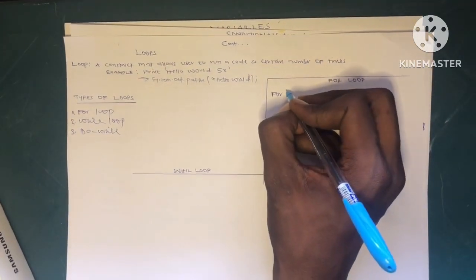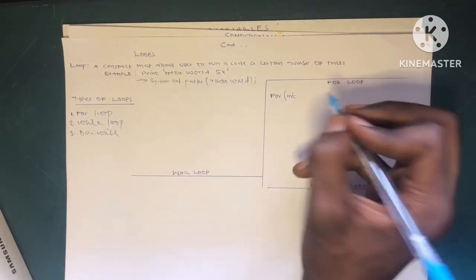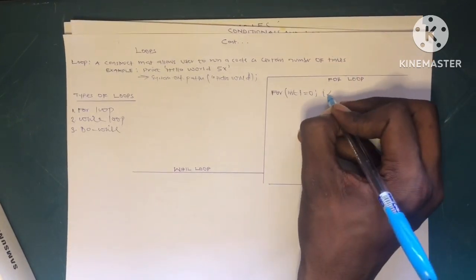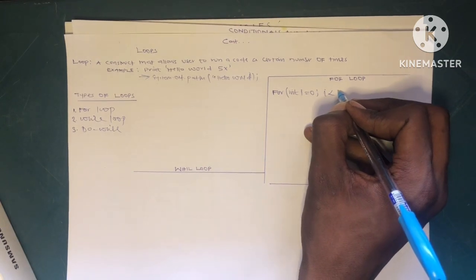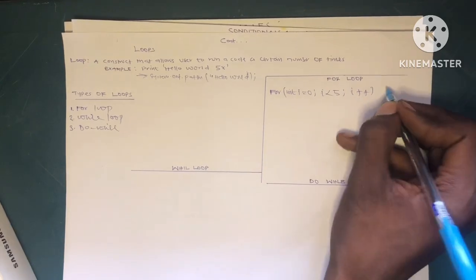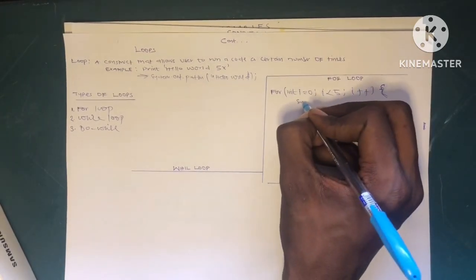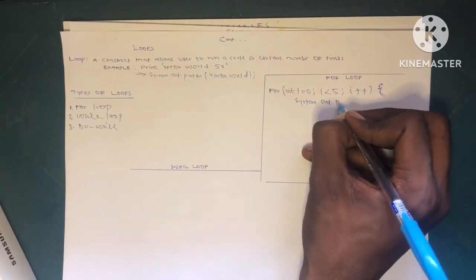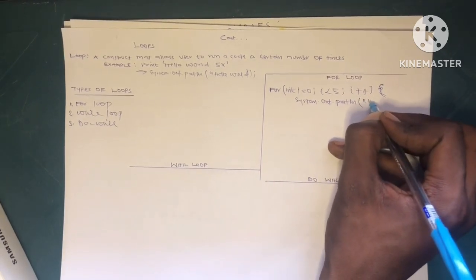You say for, then int i equal to 0, then i less than 5, then i plus plus, then an opening brace, System.out.println, and hello world.